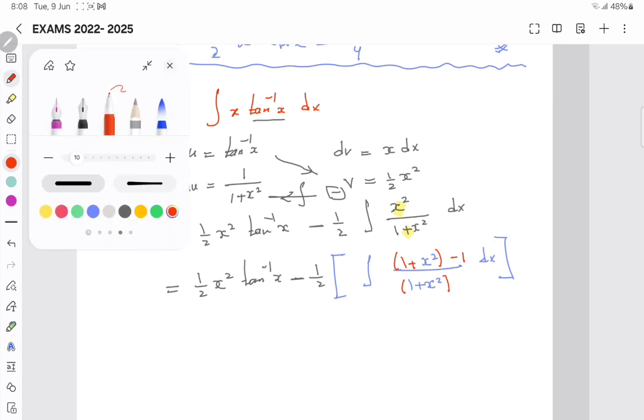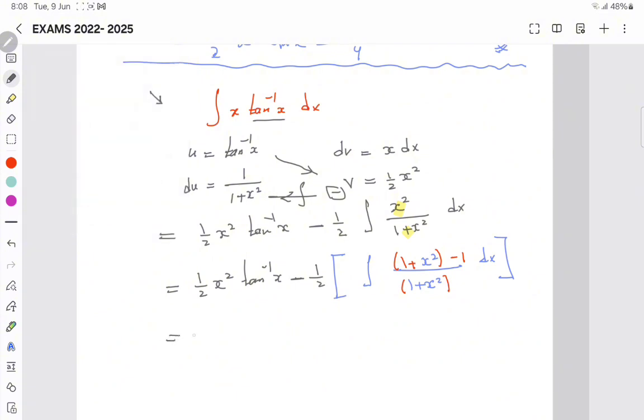So all of that is equal 1 over 2 x squared times tan inverse x minus 1 over 2, open bracket. Now it's one term in the denominator, so we need to split. So it's integral, that divided by itself is equal 1 minus 1 over 1 plus x squared, all of that with respect to x, close the bracket.